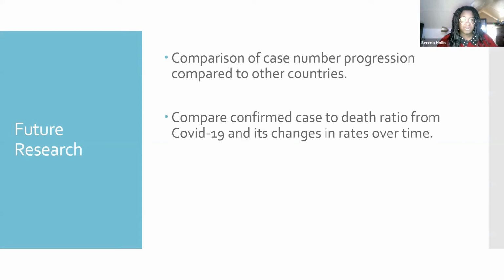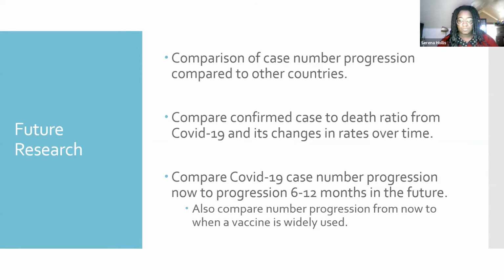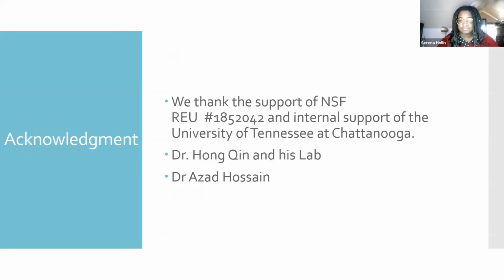See if more people were dying towards the beginning or towards now or maybe a couple of months from now, and see if maybe treatment has gotten better for them. And then I would also compare the case rate number progression from now to about maybe 6 to 12 months from now, and see if we're getting better at slowing down the rate at which people are getting sick, and maybe even compare the numbers to when a vaccine is widely released.